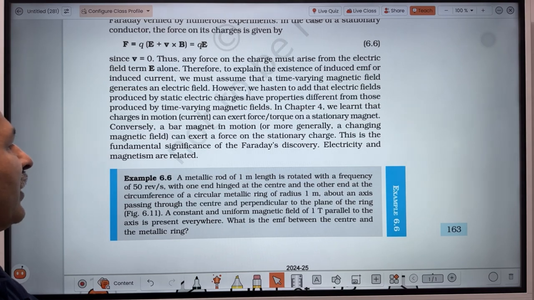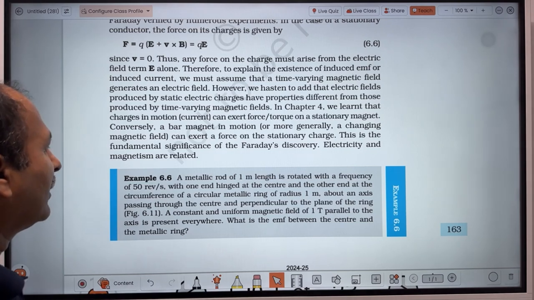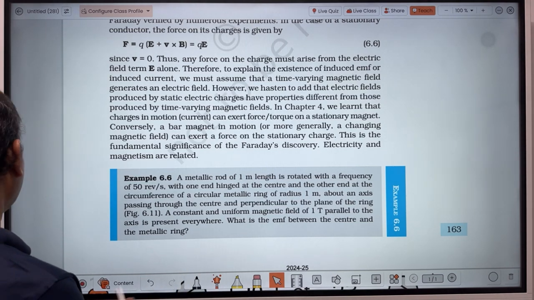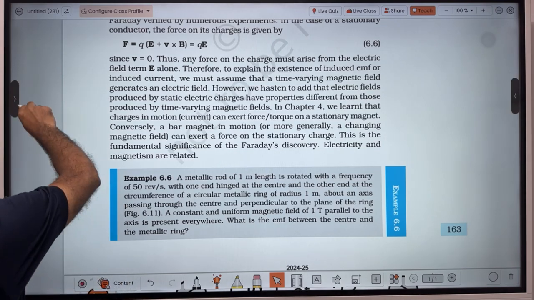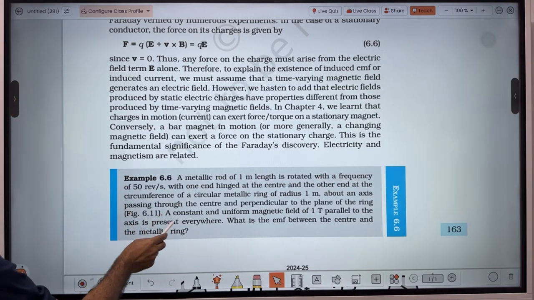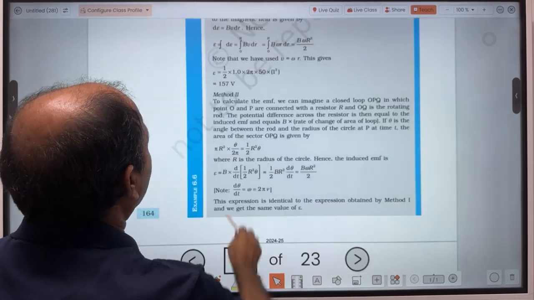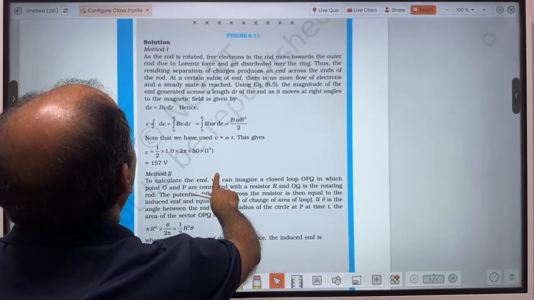A constant and uniform magnetic field of 1 Tesla parallel to the axis is present everywhere. What is the EMF induced between the center and the metallic ring? So let's see. This question is important. You must know, it has been asked many times in the CBSE exam.